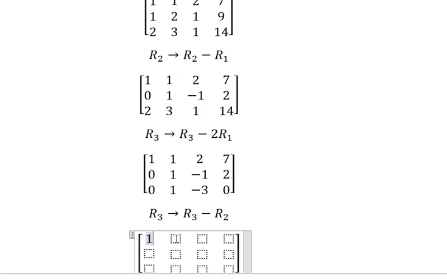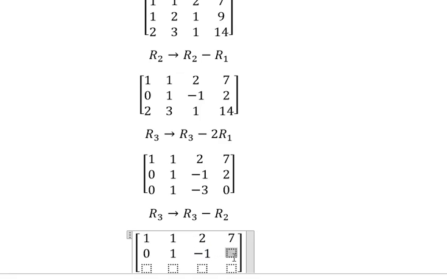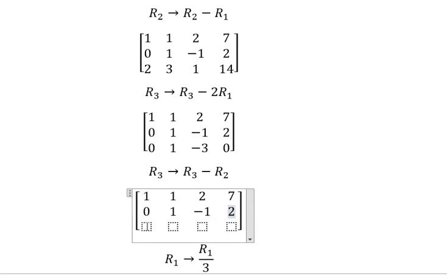So my first row will stay the same, and my second row will stay the same. And my third row is going to become row 3 minus row 2.